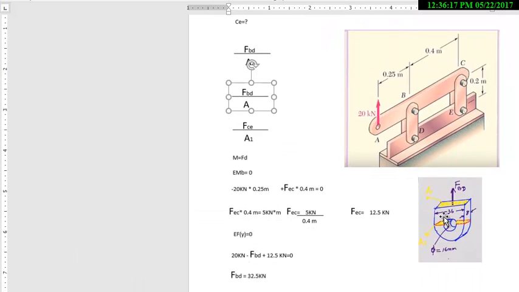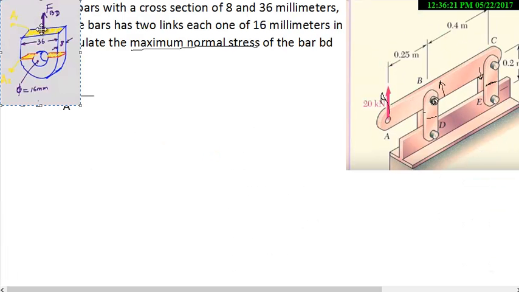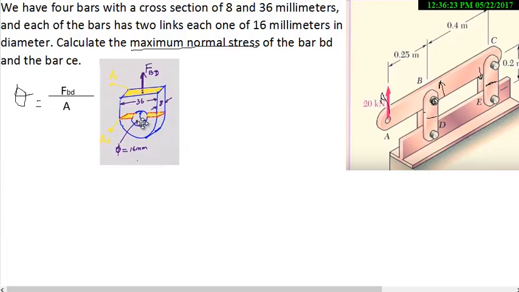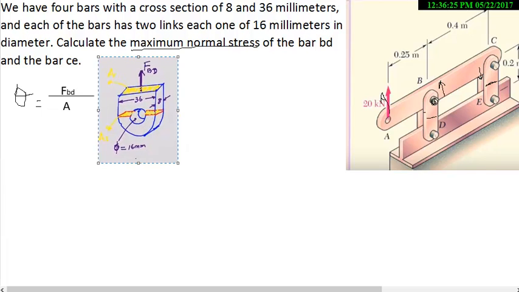For this, we are going to take this portion of a bar where we can see the areas. Because in the bar BD the section with most stress is in the links, we need to take the area of the links.